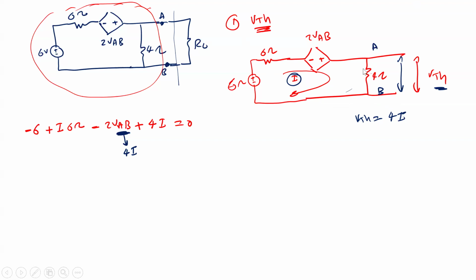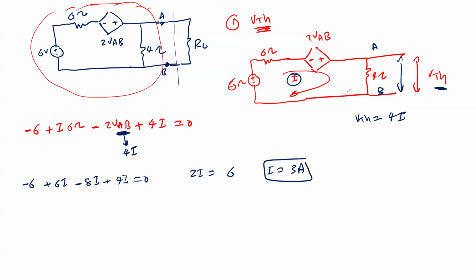Now I have one equation, which is -6 plus 6I minus 8I plus 4I equal to 0. So 2I should equal 6, or I should equal 3 ampere. Once I get I, VThevenin is equal to 3 times 4, 12 volt. I'm done with VThevenin.